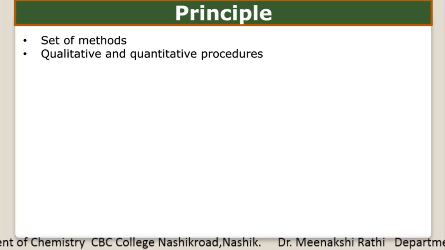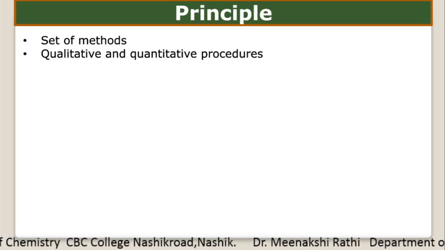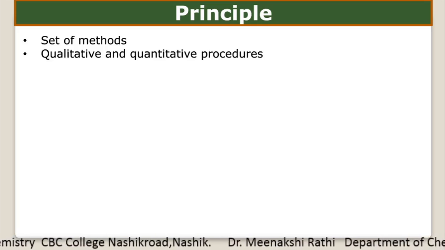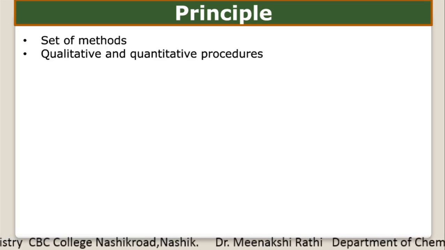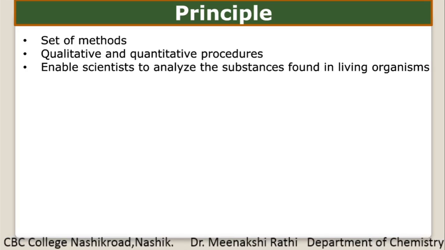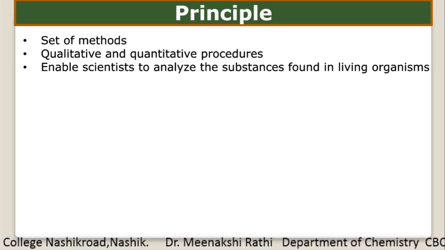That means by using these techniques, we can find out the quality as well as quantity of the molecules present in the sample, and this enables scientists to analyze the substances found in living organisms.